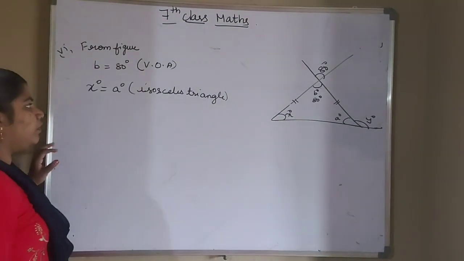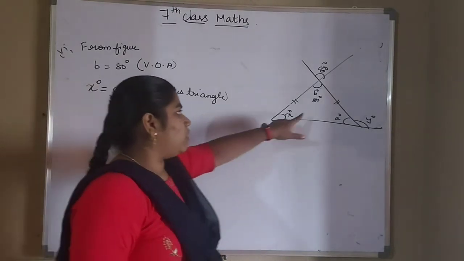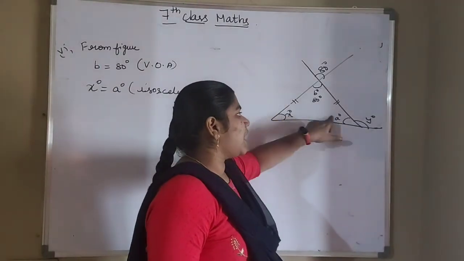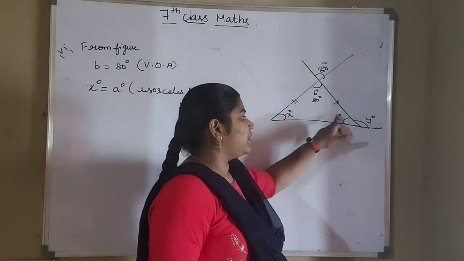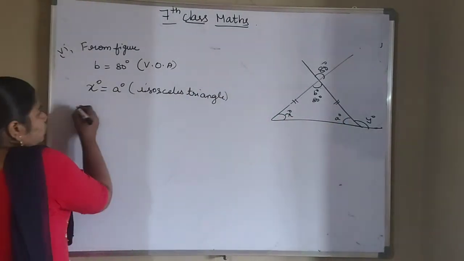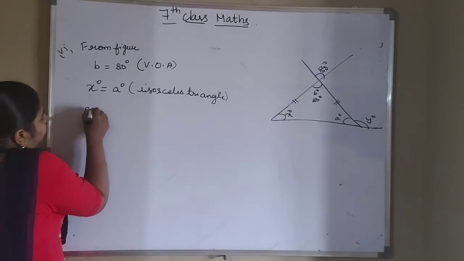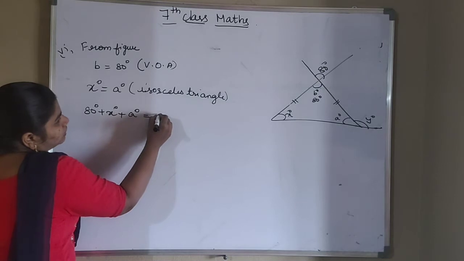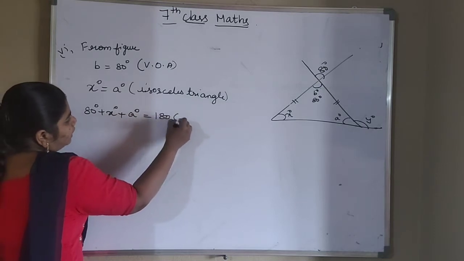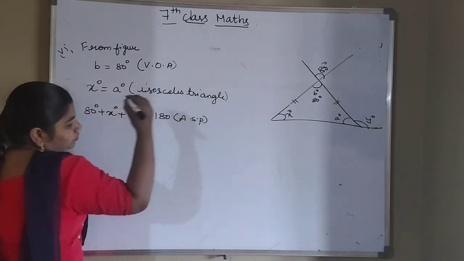Now which method are we using? We got 80 and these two angles are equal. That means by using ASP we can find this x value and A value. So 80 degrees plus x degrees plus A degrees is equal to 180 by using ASP.